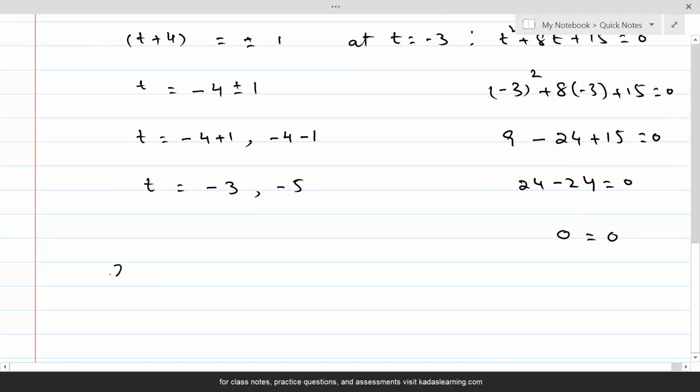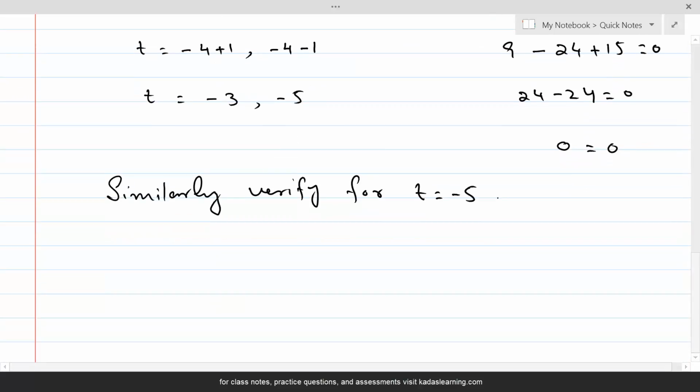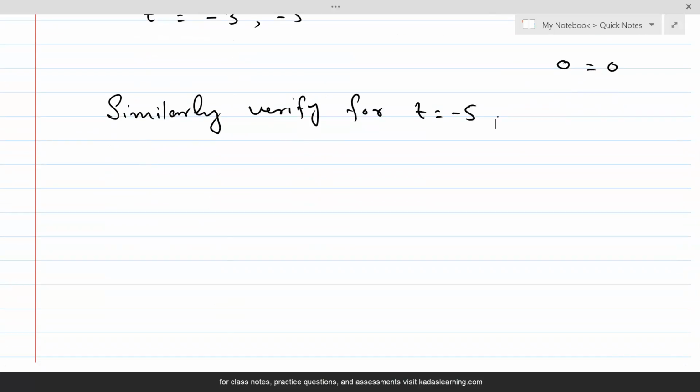Similarly, verify for t is equal to minus 5. Now let's do one more question, and this time we have example number 2.